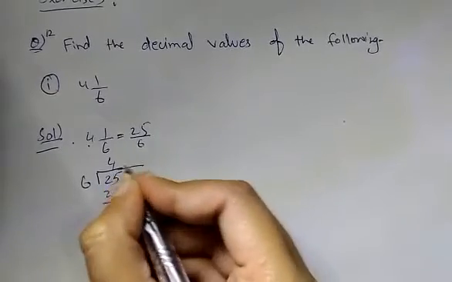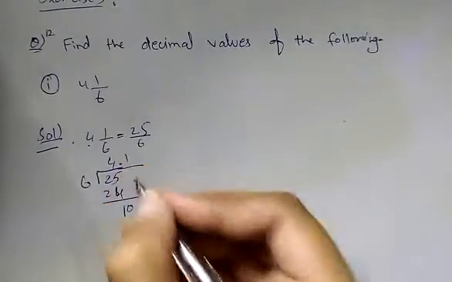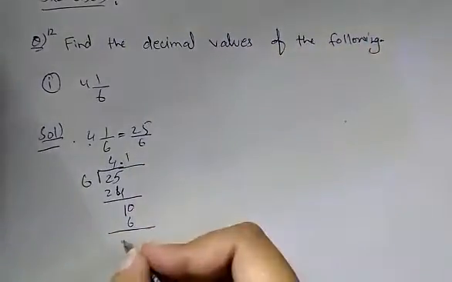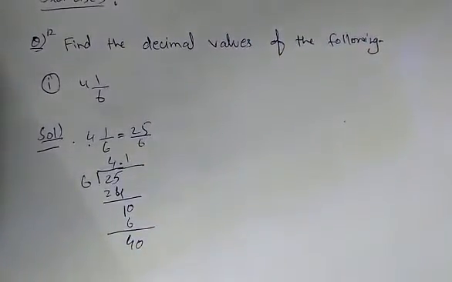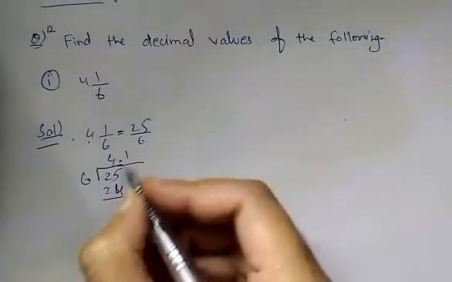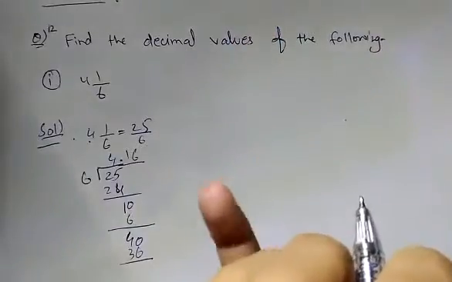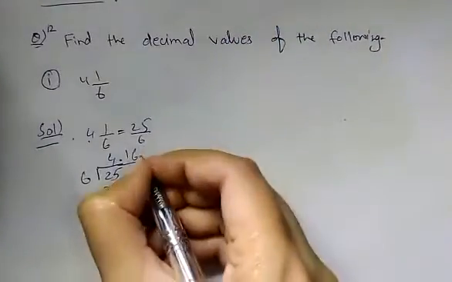The remainder is 1. Place a 0. 6 sixes are 36, 37, 38, 39, 40. The remainder is 4, and this answer goes on.